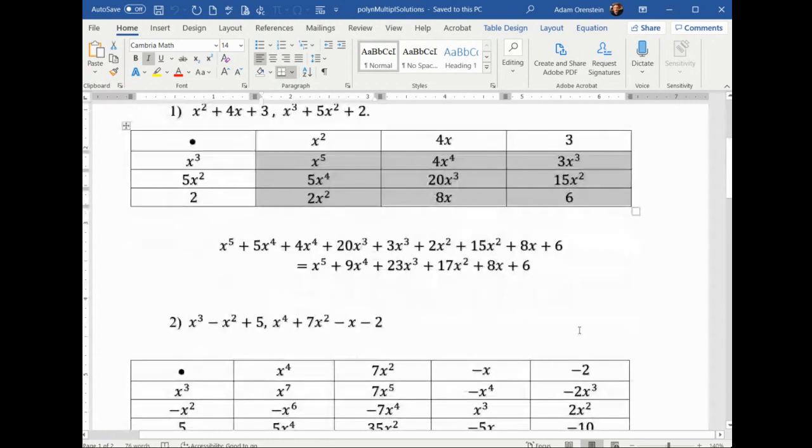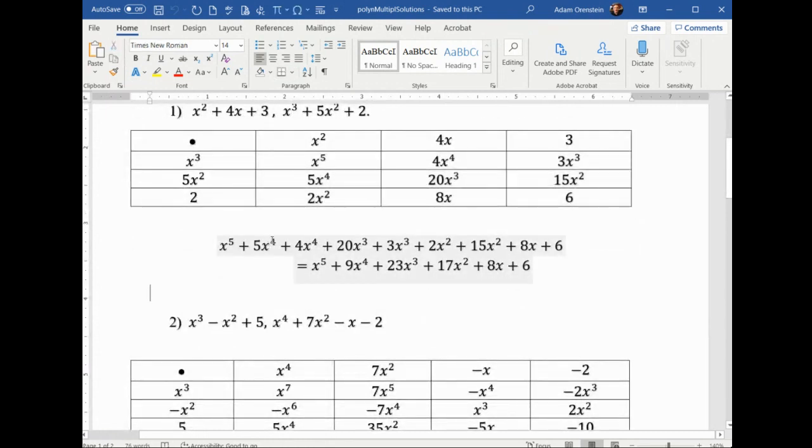Now we just combine the like terms. 5x to the 4 and 4x to the 4. That's 9x to the 4. Remember, when you add, you don't change the exponent. You don't do that. With 20x cubed and 3x cubed, we have 23x cubed, as you can see.